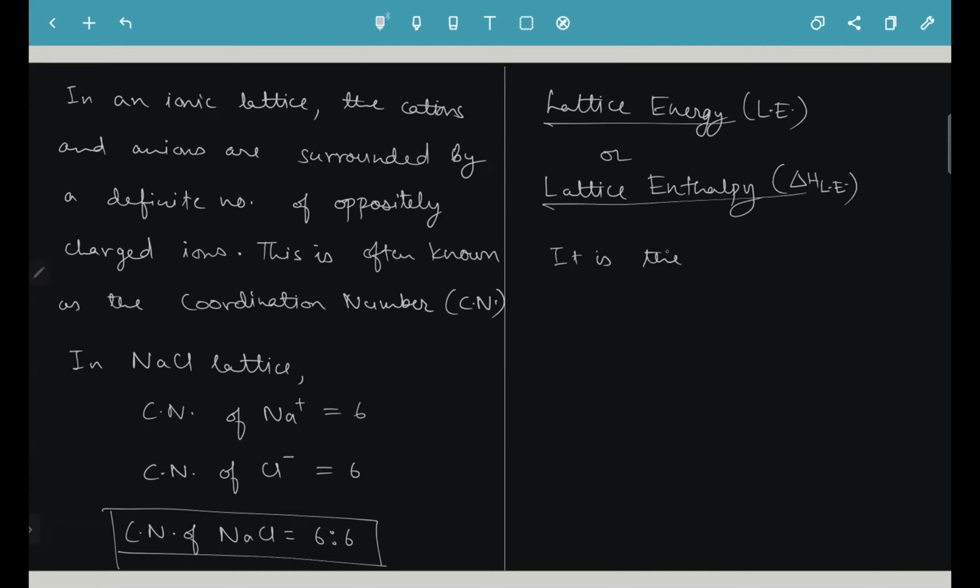It is the energy required to break 1 mole of a lattice into its gaseous ions.